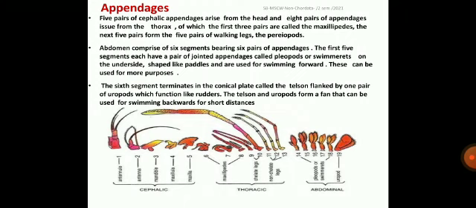The 6th segment terminates in the conical plate called the telson. It is flanked, that is on either side, by 1 pair of uropods which function like rudders. The telson and uropods form a fan that can be used for swimming backwards for short distances.